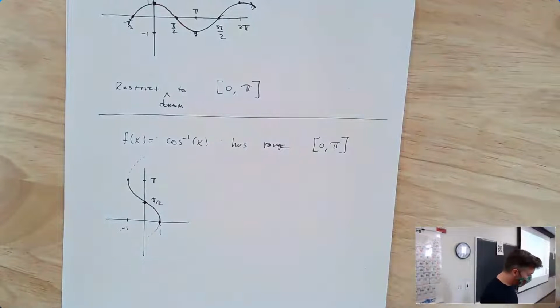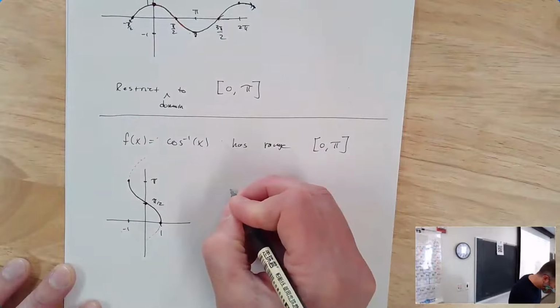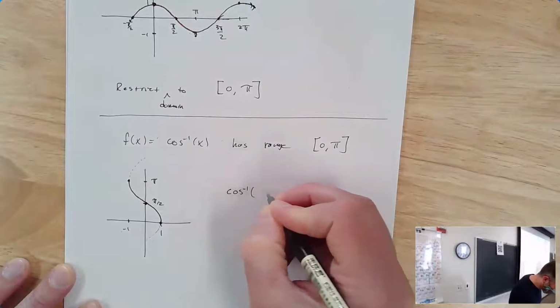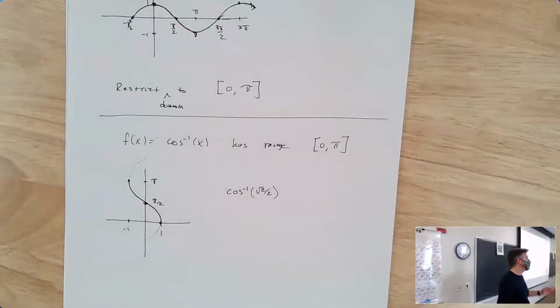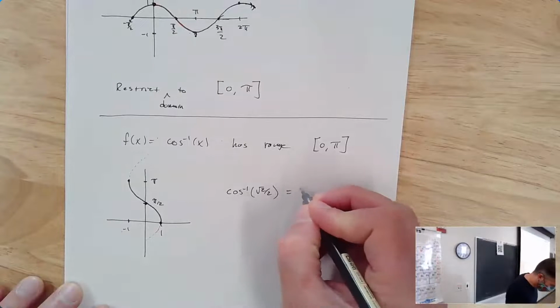And so you can see that graph has a range from 0 to pi. So if somebody asked you, what's the inverse cosine of √2/2? Positive values are always nice. With positive values, you just get the answer that's in the first quadrant. So inverse cosine of positive √2/2 is going to be pi over 4.